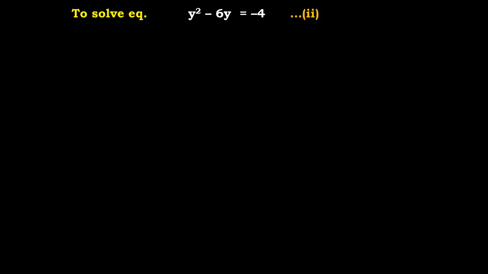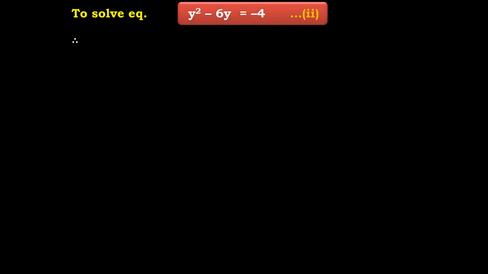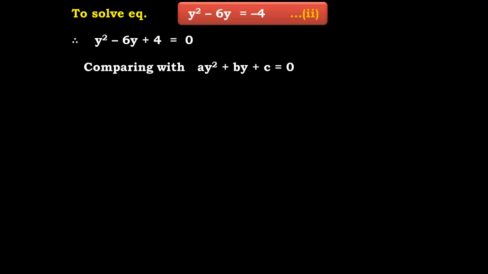y square minus 6y is equal to minus 4, equation number 2. So y square minus 6y plus 4 is equal to 0. Comparing with ay square plus by plus c is equal to 0, we get a is equal to 1, b is equal to minus 6, c is equal to 4.